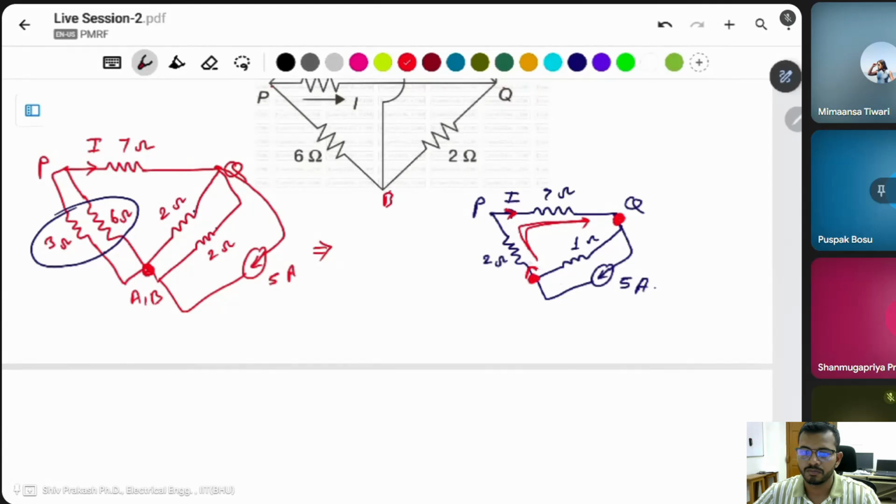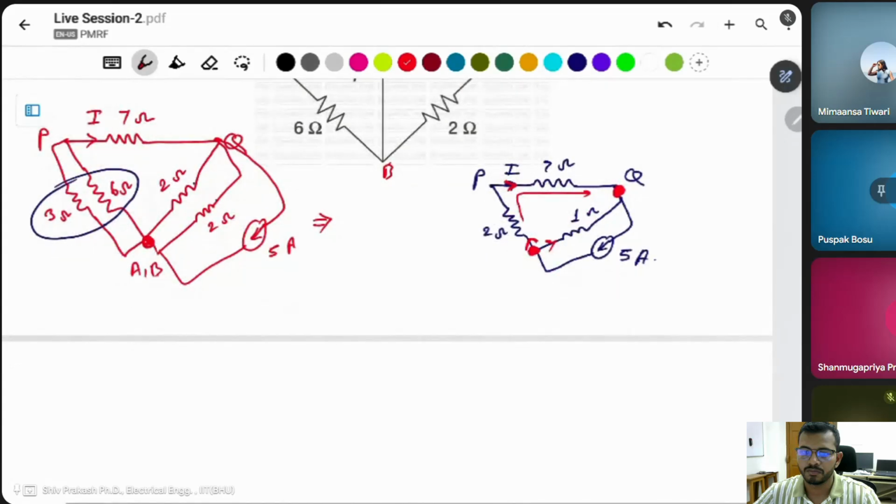It means 7 plus 2, 9 ohm resistance is connected in parallel with 1 ohm, because the current is divided between 2 only: the 1 ohm and this 7 ohm branch. Here the current is not divided somewhere else, that's why the current flows through it like that.